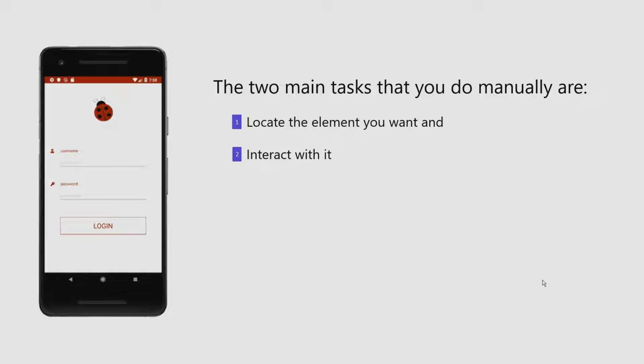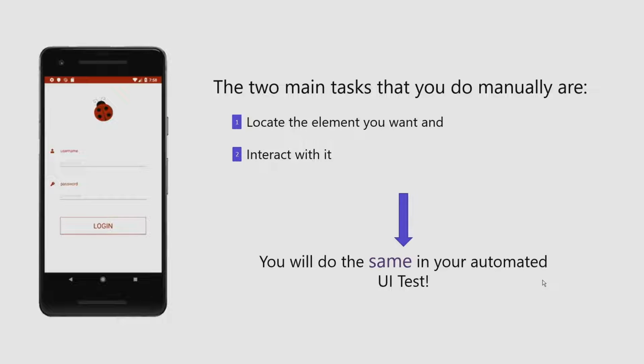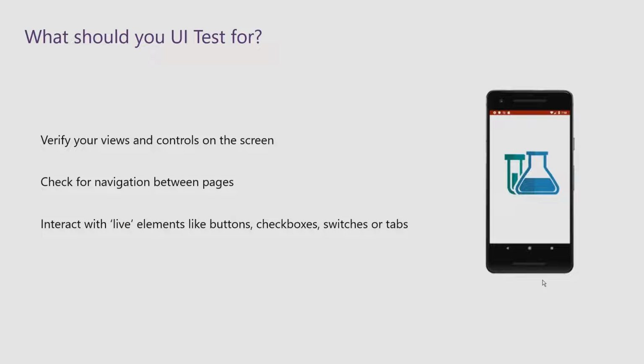And the two main tasks that you're doing manually are just locating the element that you want to interact with, and then interacting with it. And pretty simple, we will do the same in your UI test. As for the unit test where you are testing the logic, in the UI test you're just trying to verify your views and the controls on the screen.